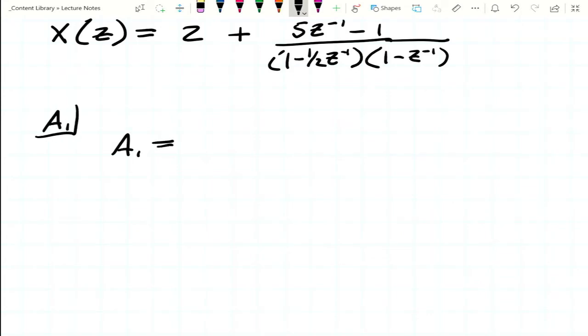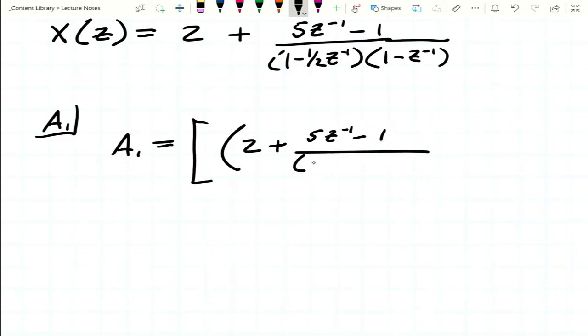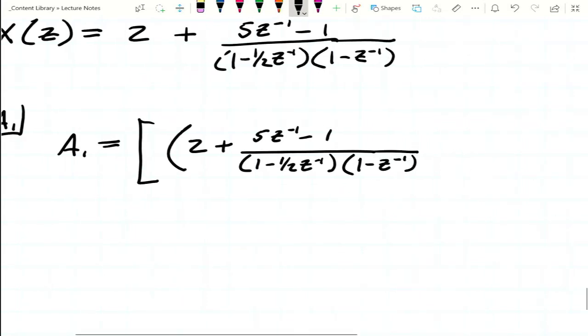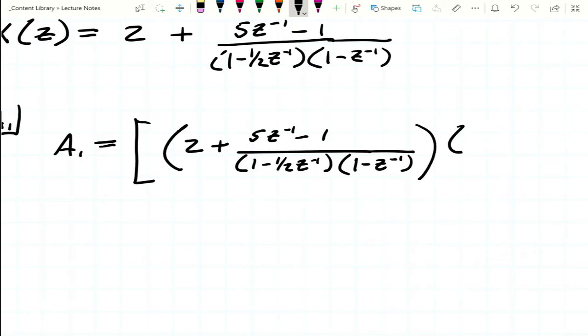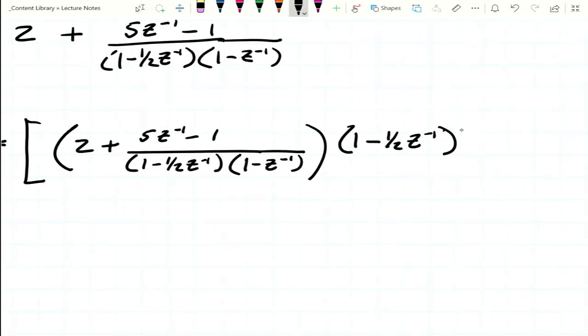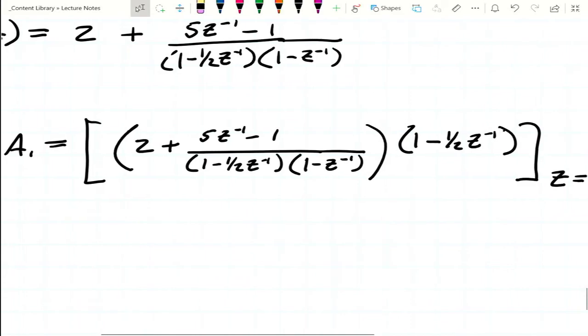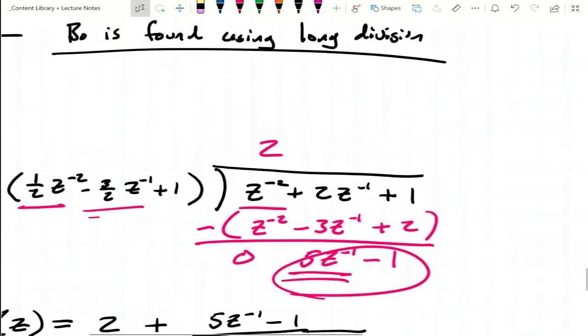That a sub 1 is equal to this whole big monster: 2 plus 5z to the negative 1 minus 1 over all of that business, 1 minus 1/2 z to the negative 1, 1 minus z to the negative 1 times 1 minus 1/2 z to the negative 1, all of that evaluated at z equals 1/2. So that is a disgusting expression, but that's just an interpretation of what we had.